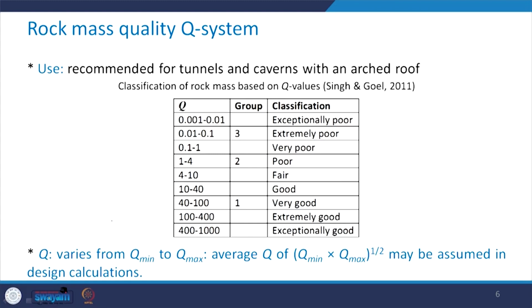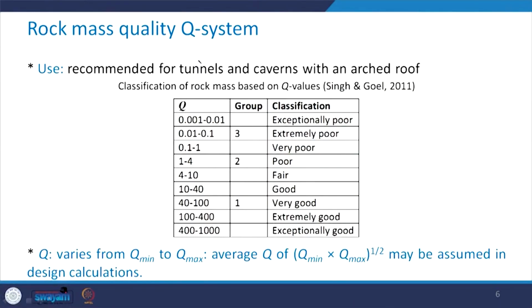Now we have obtained the ratings of each of these, and we can calculate the index Q. Its use is recommended for tunnels and caverns with an arched roof. In the beginning, I mentioned to you that each of these systems was developed based upon a few researchers' experience in a few areas.